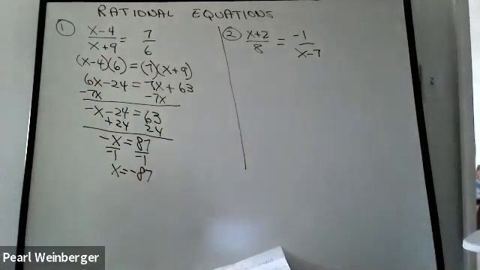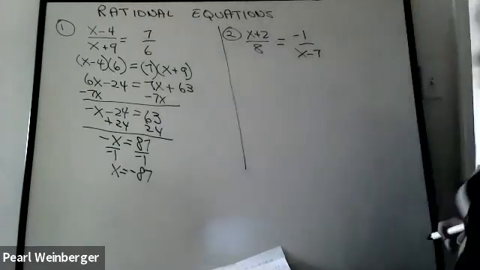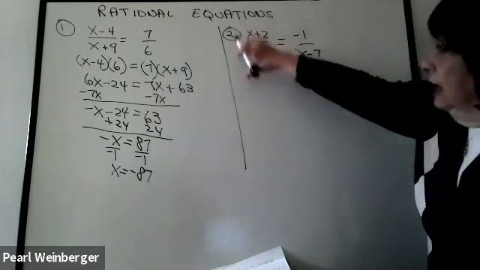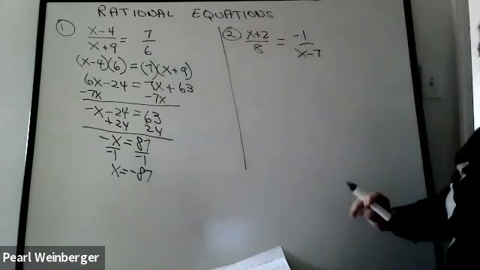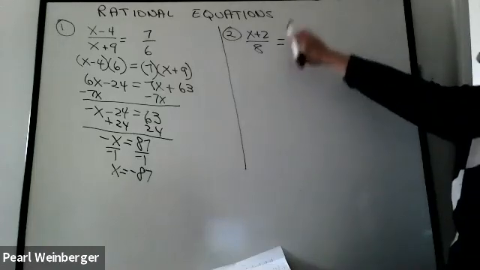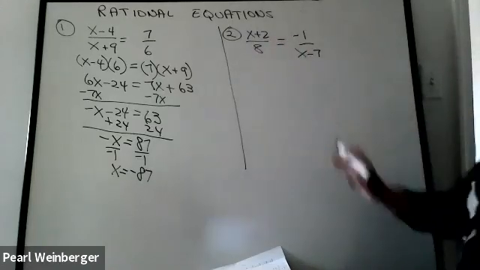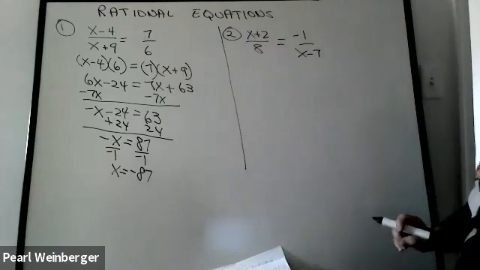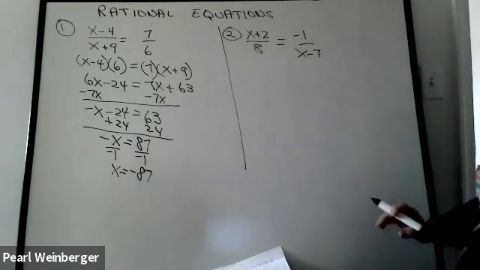So let's see what happens when we try to solve the other equation. So again, this is one fraction equaling another fraction, a single fraction equaling a single fraction. And again, we're going to try and solve it by cross multiplying.